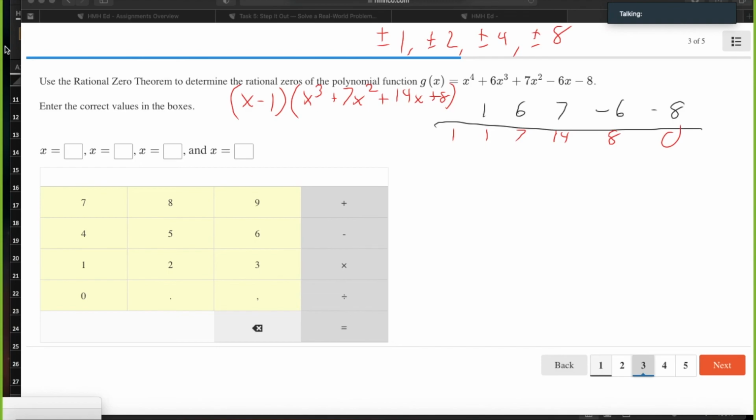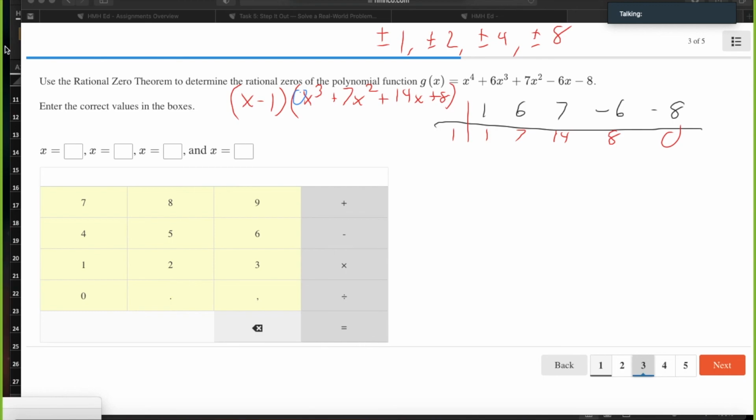So we get to do this whole thing all over again, unless for some odd reason we could factor that. No, we can't. I almost thought we could factor it by grouping, but I don't think we can. So again, our leading coefficient is 1.